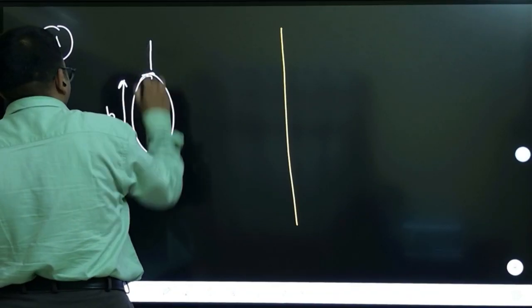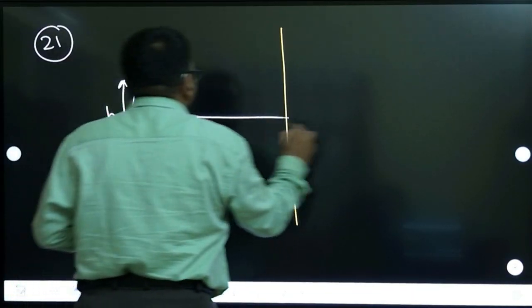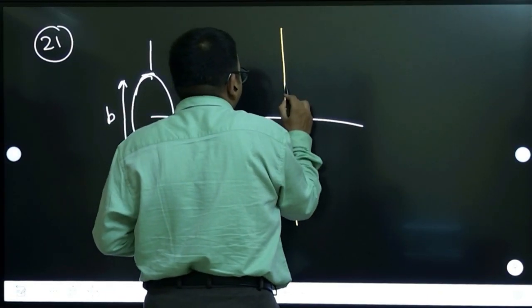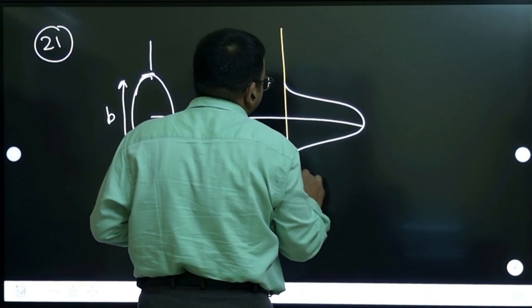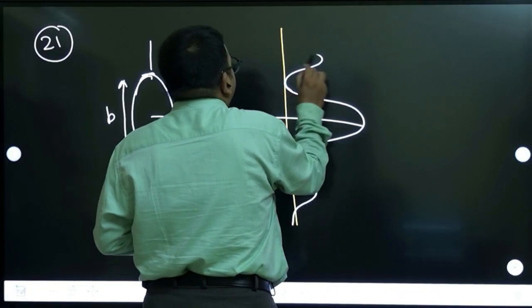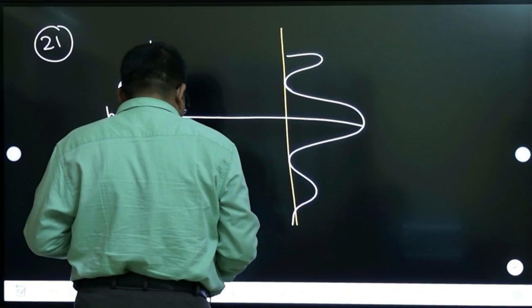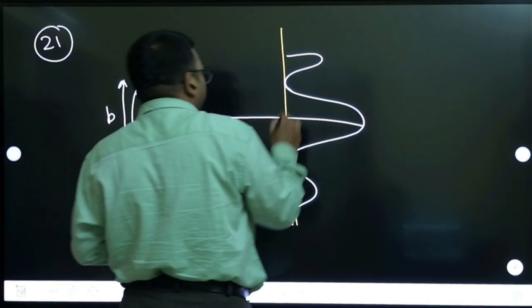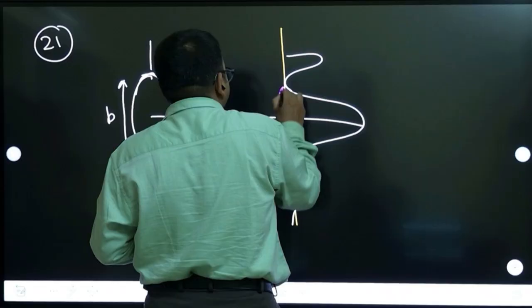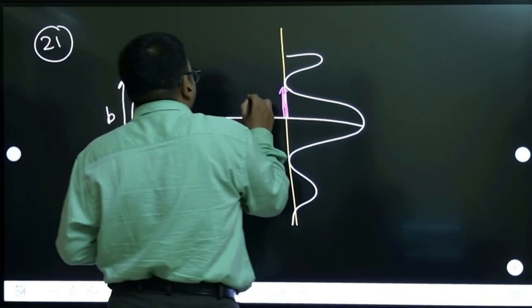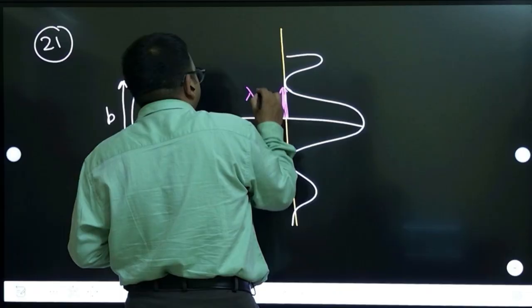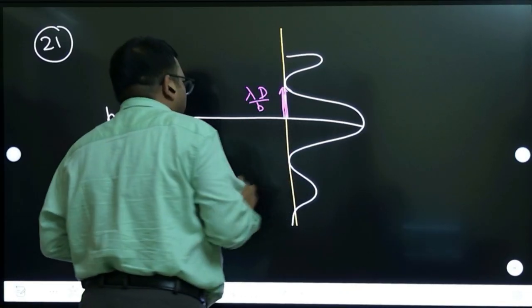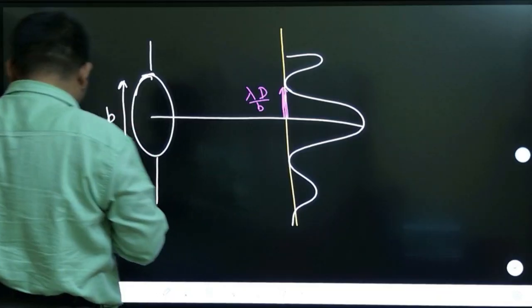It is like a slit only, you take. Let us say monochromatic, then the pattern is like this. If they are talking of the central bright, this is the radius of that, and that radius is lambda D by b. Radius of the central bright.